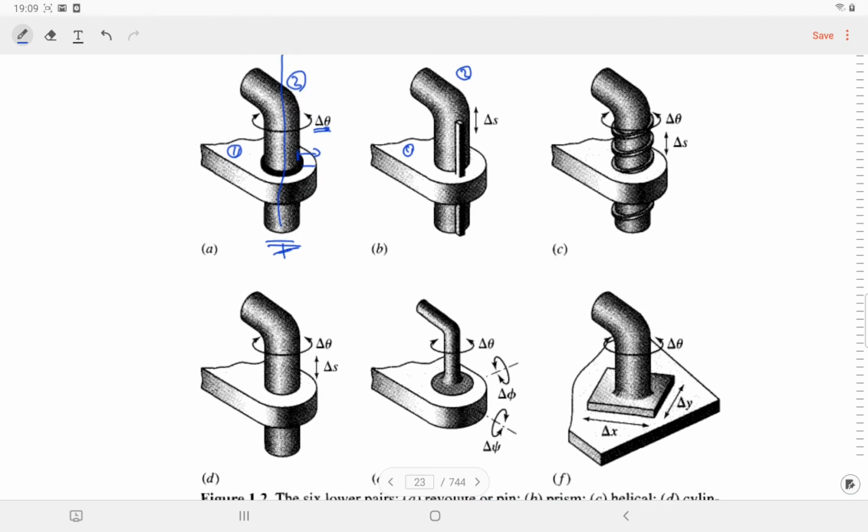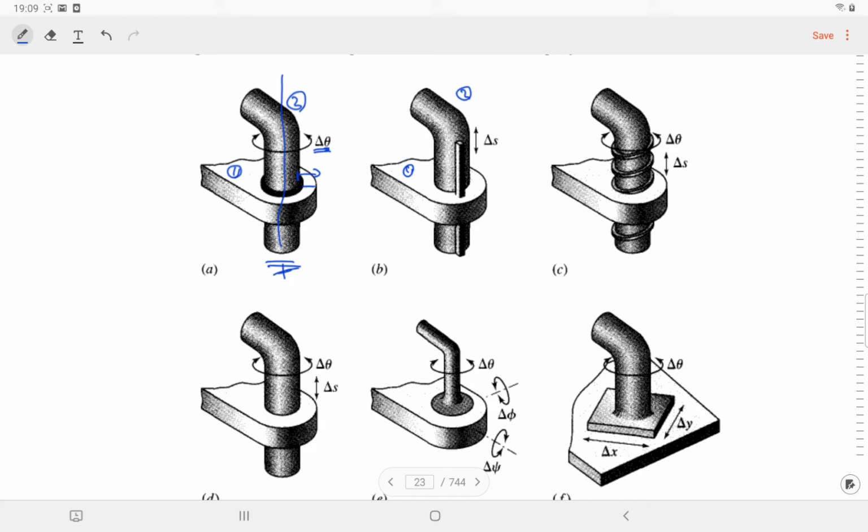The third one is also known as screw pair or helical pair. Once again, you can have both delta theta and delta s, but they are correlated. They are not independent. For example, if you change delta theta, delta s will automatically change.